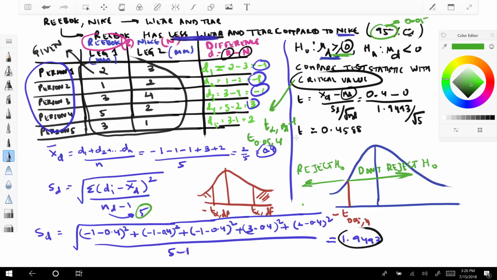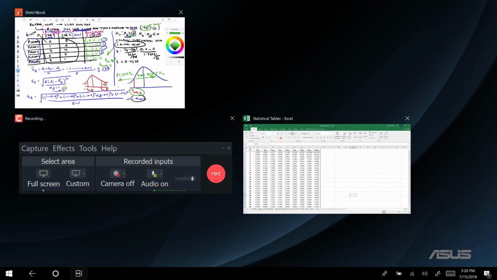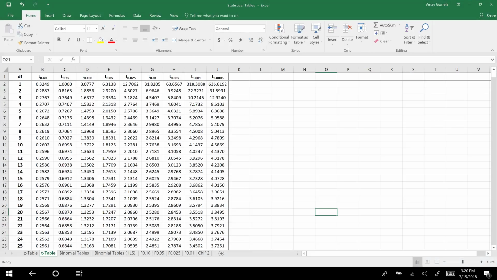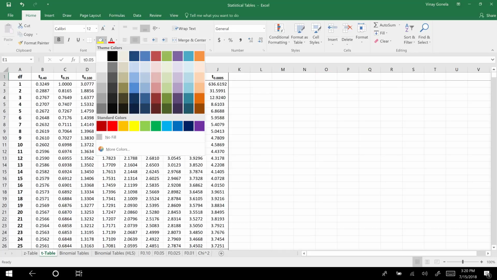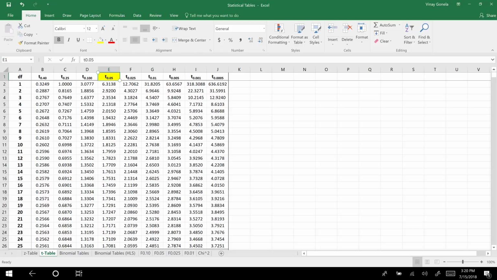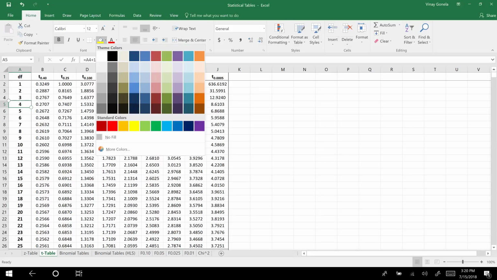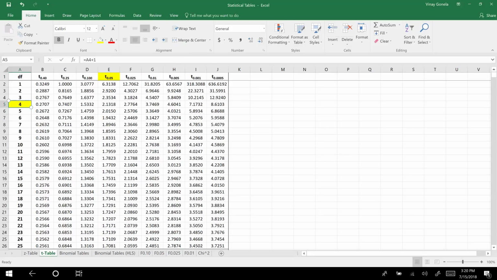So now let's go to our T table and look for T 0.05 and 4. So here is our T table, and we are looking for T 0.05, that is this column, and 4 is this row. So T 0.05 column and 4 row, that is this value.